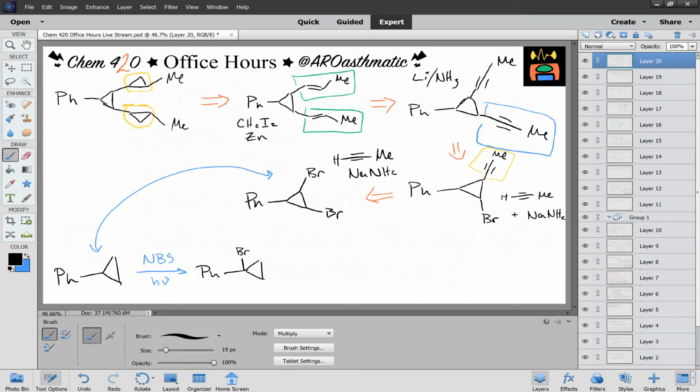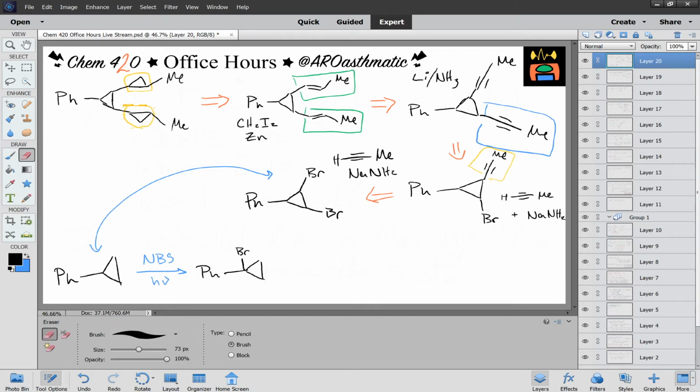So that's one way, that adds functionality. All right, let's do a little more retrosynthesis here. I actually think it'd be a more useful way to go.